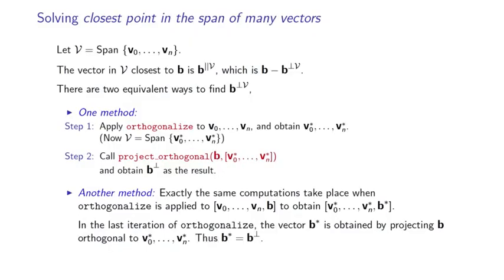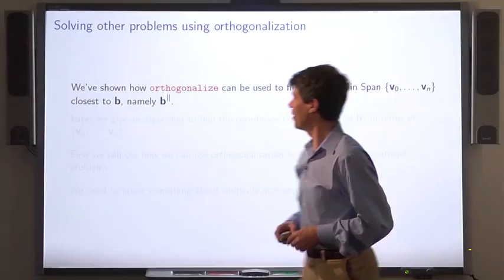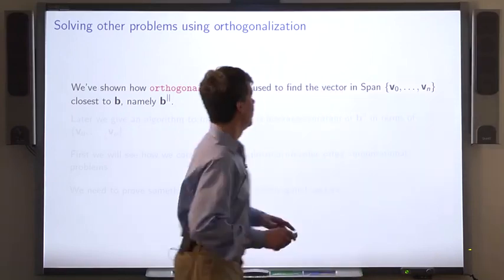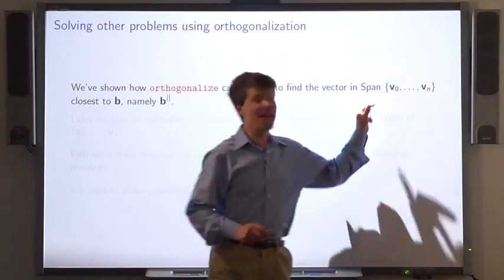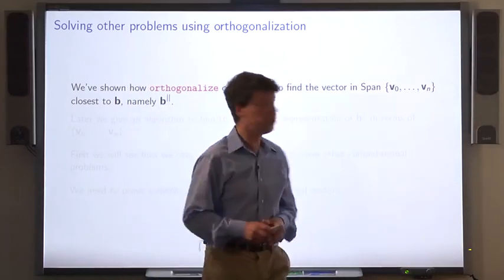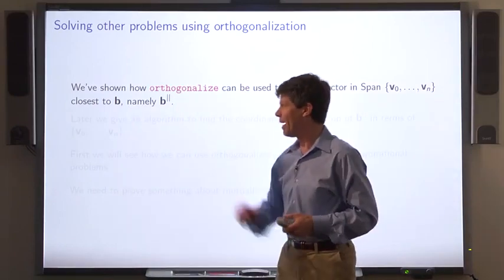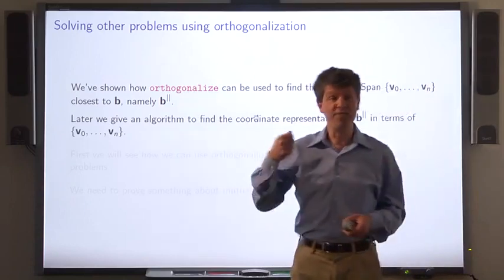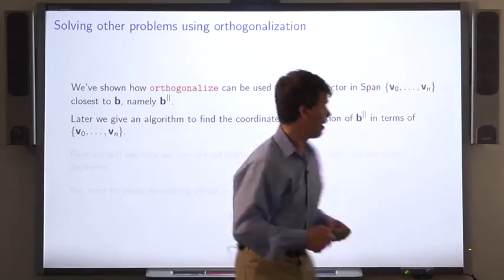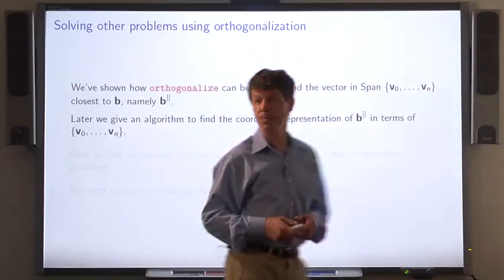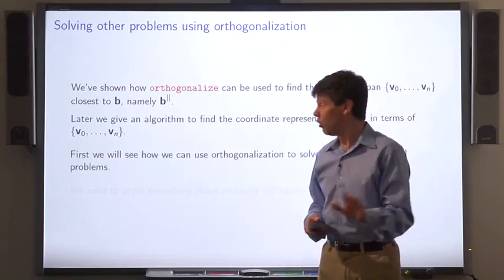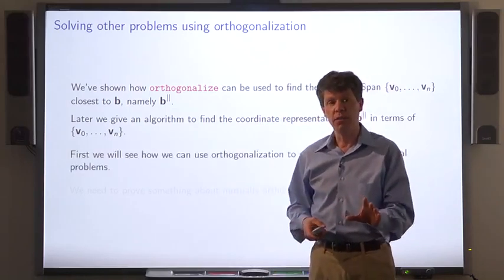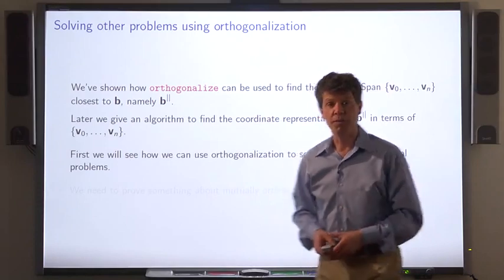So that also gives you B perpendicular. We've shown how orthogonalize can find a vector in the span of V0 through Vn closest to B, namely B parallel. And later, we'll find out how to give the coordinate representation of B parallel in terms of these vectors. For now, we're going to look at how we can use orthogonalize to give algorithms for other problems.